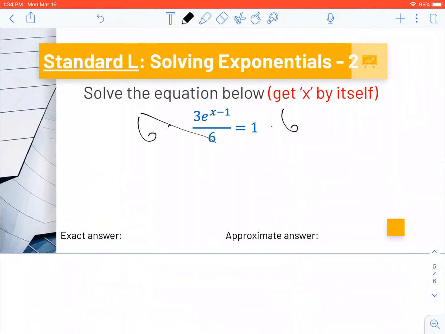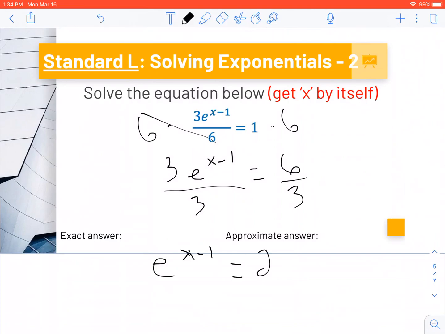Remember that crosses out the 6. So we have 3 to the e to the x minus 1 is equal to 1 times 6 is 6. Again, we want to get the e by itself, so divide both sides by 3. And that gives us e to the x minus 1 is equal to 2.